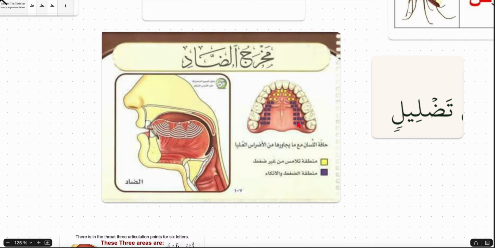It doesn't stop suddenly. Okay. So rakhawa, the sound continues and flows during pronunciation of the letter. The letter Dad is not easy, but it's not hard too.